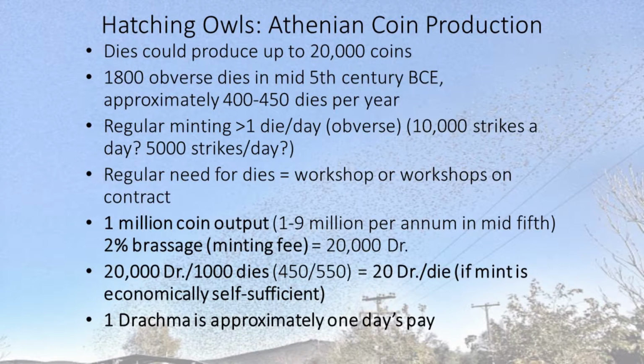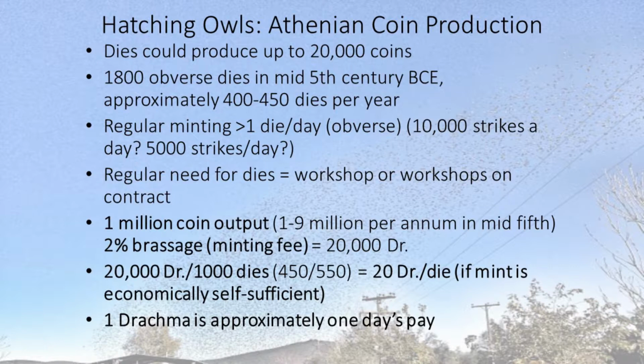The mint may have consumed as many as 450 obverse dies each year, as the output is estimated between 1 and 9 million coins per year at Athens' peak of prosperity.